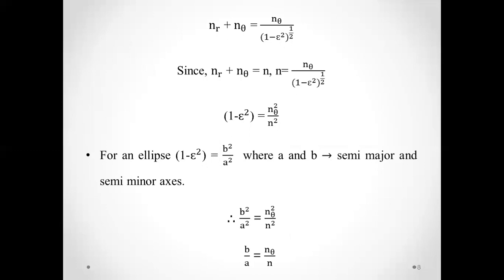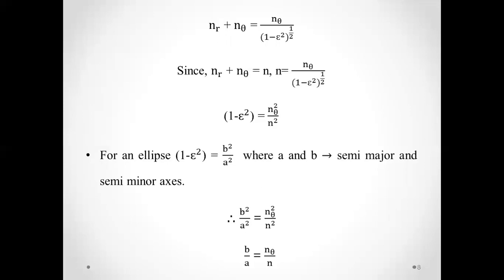Now, substituting the values, we can get the sum of the two quantum numbers, nr plus n theta, is equal to n theta divided by (1 minus epsilon square) to the power of half. We know that nr plus n theta is equal to n.